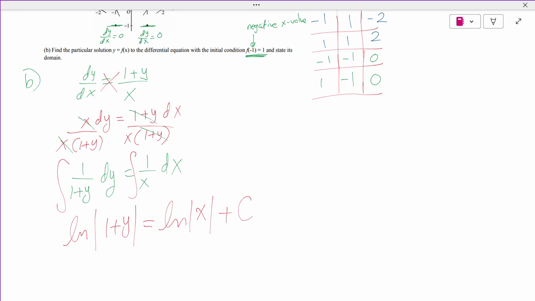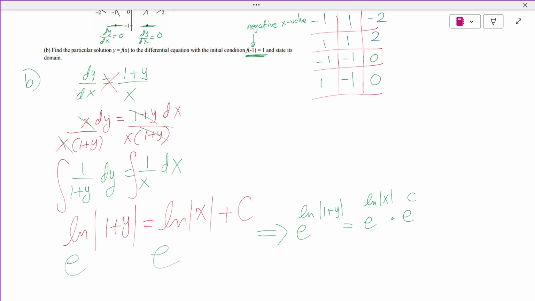Okay? What happens now? You need to get rid of ln by exponentiating both sides, right? If you exponentiate both sides, what happens in this case? Let me just write it here: e to the power of ln of 1 plus y equals e to the power of ln x times e to the power of c.